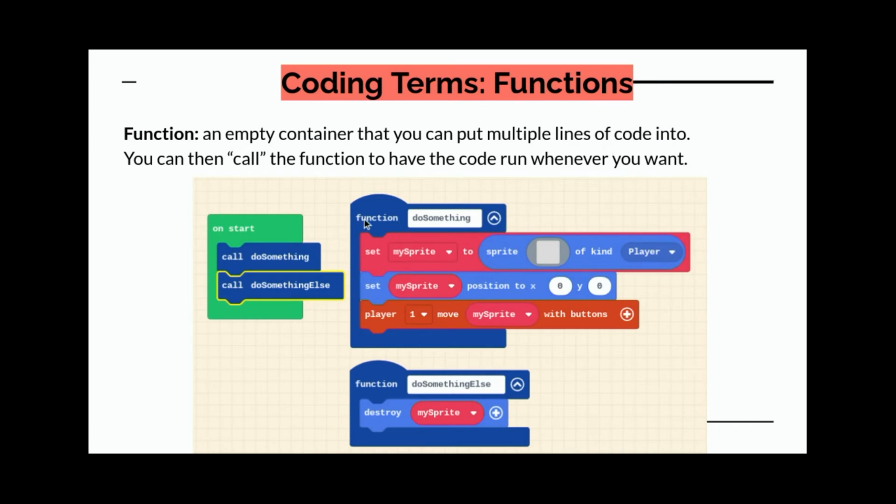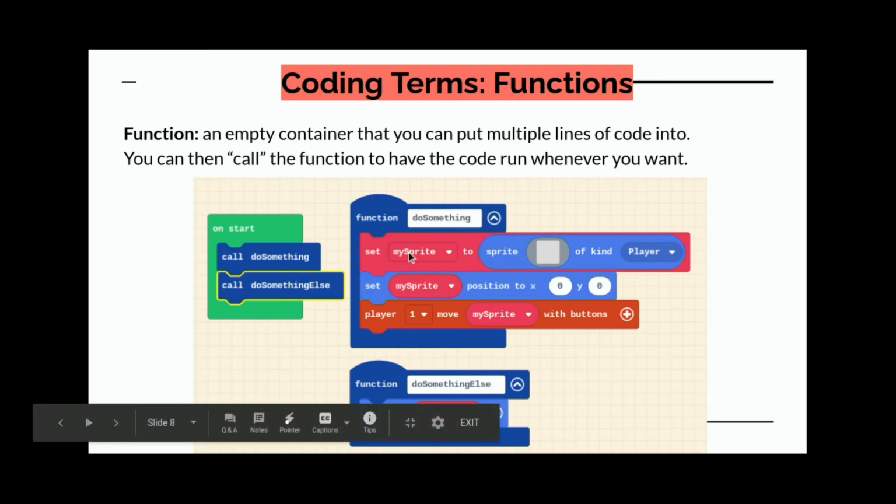So really, you just use functions to break up your code a little bit and put it into nice, neat little containers so that it's a little bit easier to find, to organize your code, to read your code later on, because everything's in nice, neat little containers where you can more easily find it. And to reuse, what's nice about functions is you can reuse them over and over and over again.